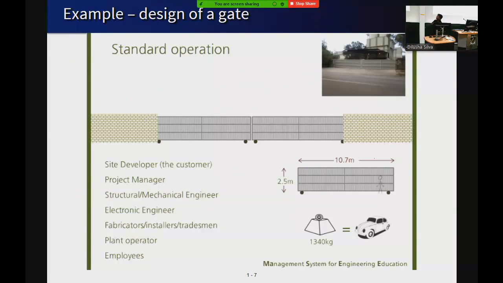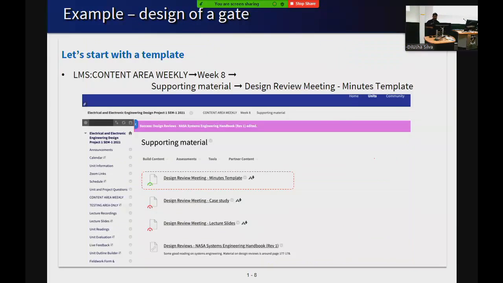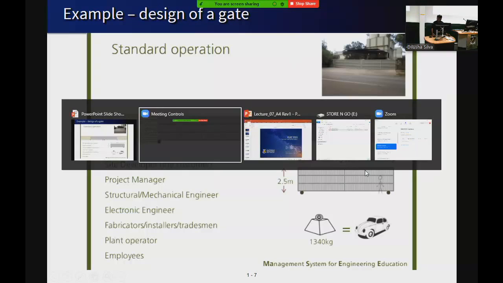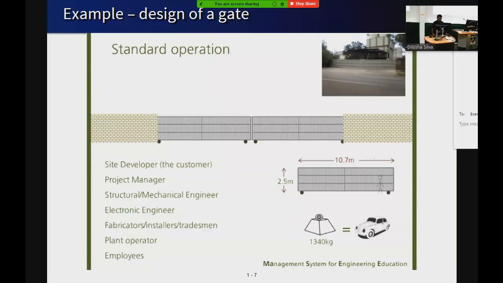Okay, I'm going to go over an example here. What's been asked here is to design a gate, right? And this shows you, I'm just going to see if there are any questions.